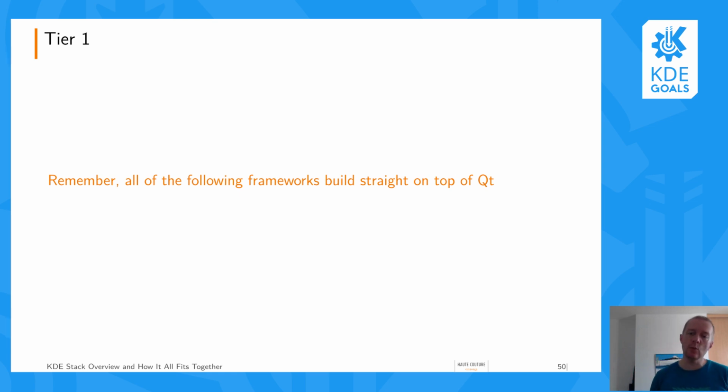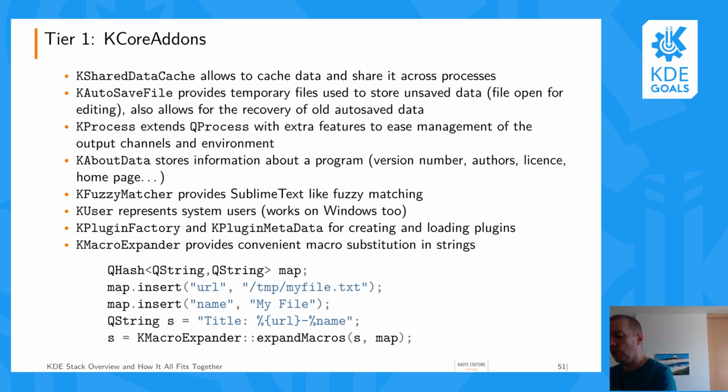All right, let's start with tier 1. All the following frameworks build straight on top of Qt. The obvious one is KCoreAddons, which provides plenty of different services, okay? People don't even know about them most of the time.